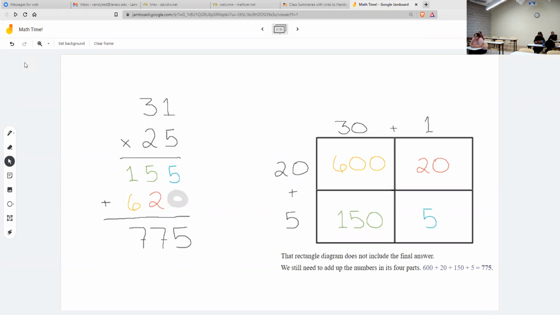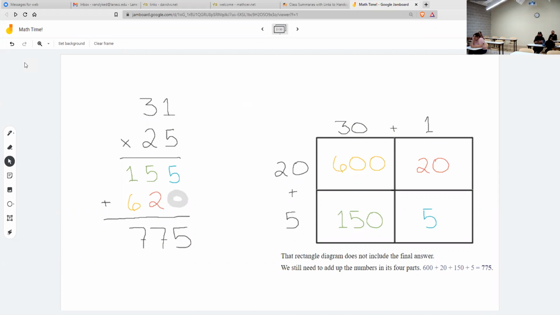When I did the blue number, 5 times 1, that's saying 5 times 1 is 5. When I did the green number, 3 times 5 is 15, I'm actually lying, because this is not a 3. It's a 30.